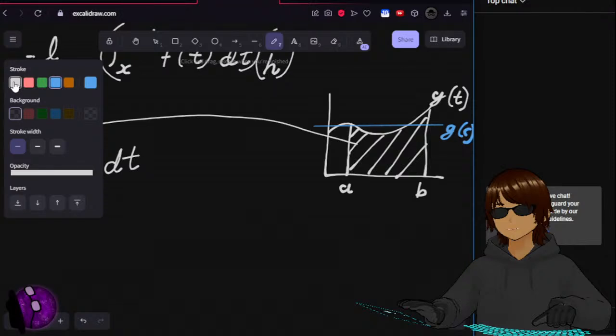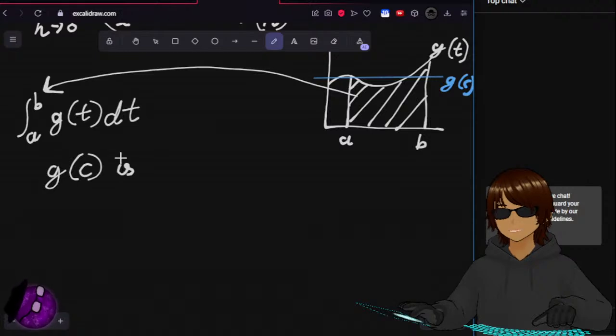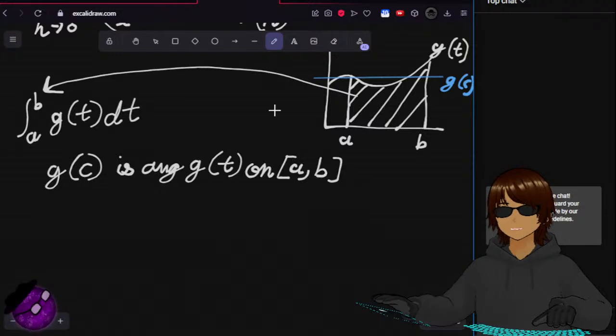So let me, is average g of t on a to b. So this is the average.